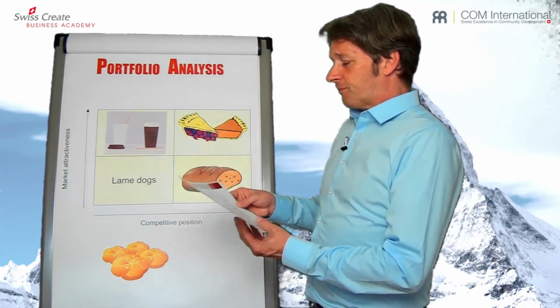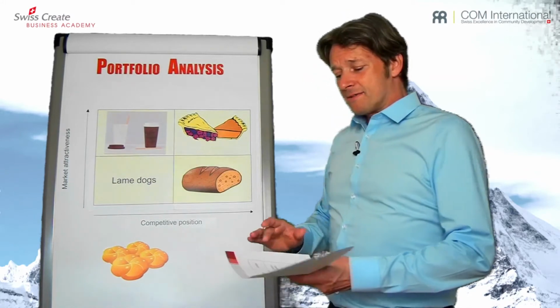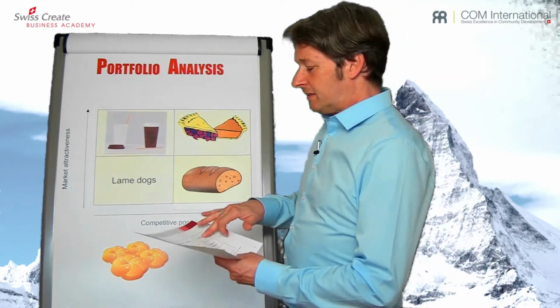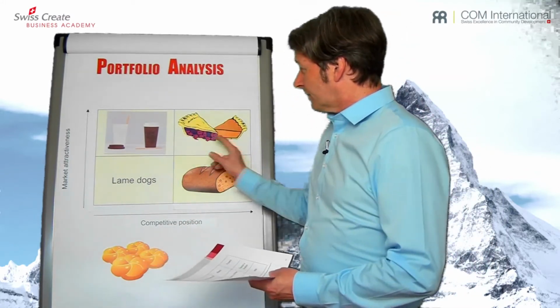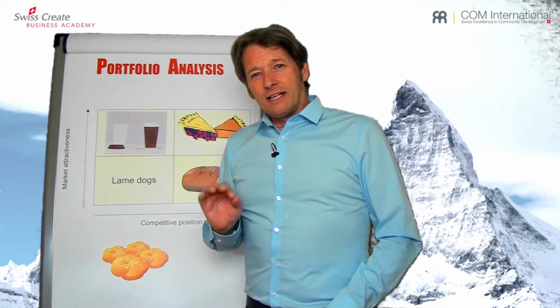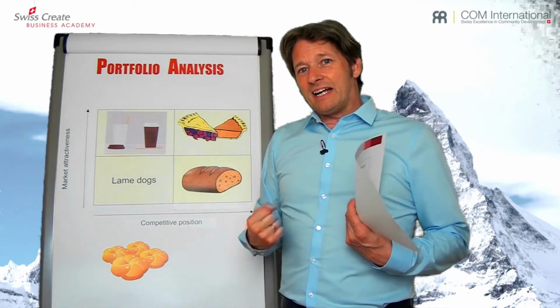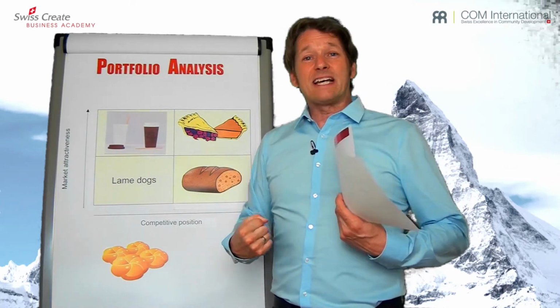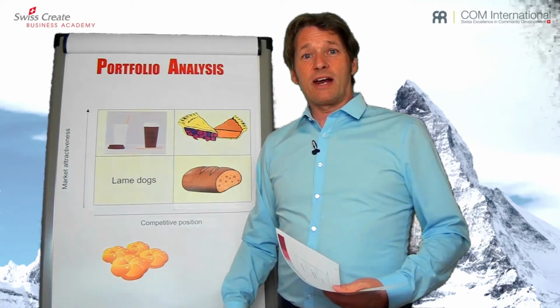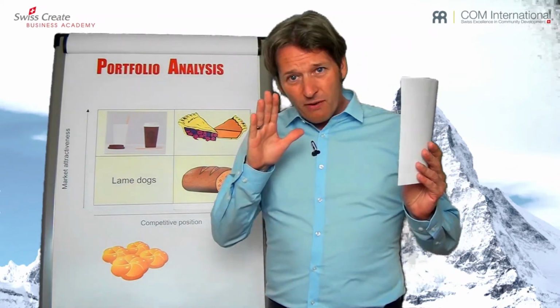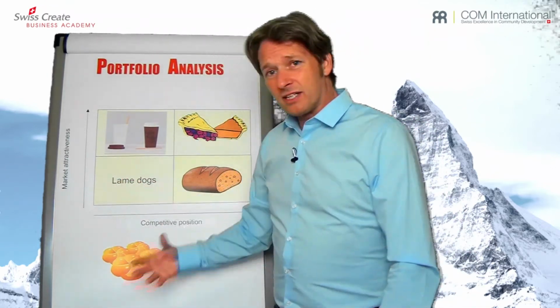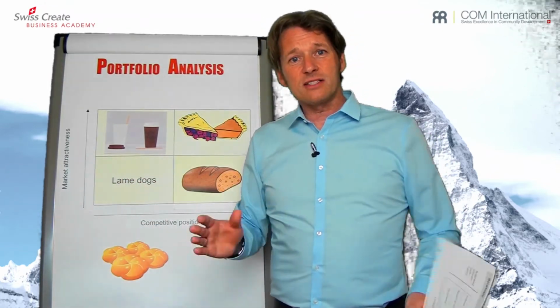What can we do here with the pies? For example, expand. You heard already, I like the pies and I have a lot of varieties and I will increase the number of varieties. There will also be some varieties which are lame dogs and I have to kick them out and say goodbye.